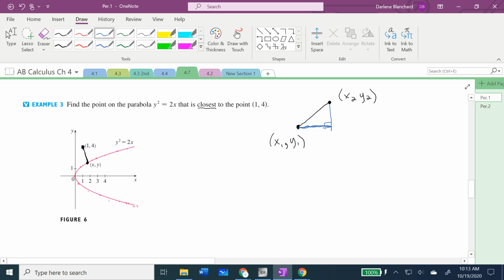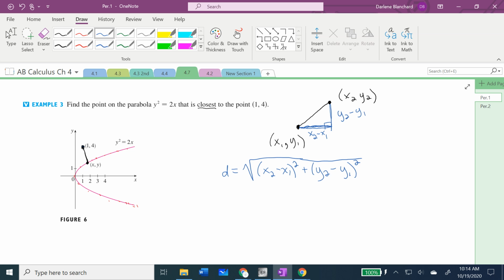The horizontal distance between your 2 points is your change in x. The vertical distance between the 2 points is your change in y. So you're doing a Pythagorean theorem on change in x and change in y. And you don't want to just memorize this formula outright.